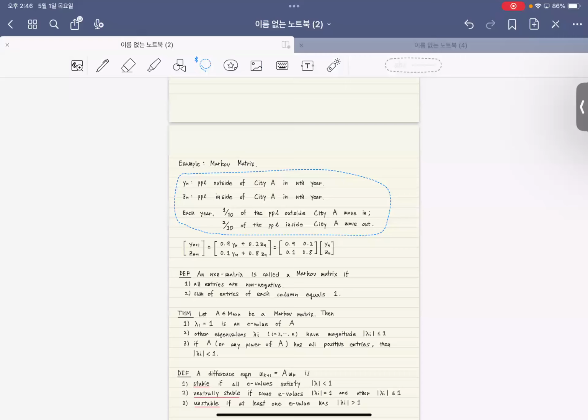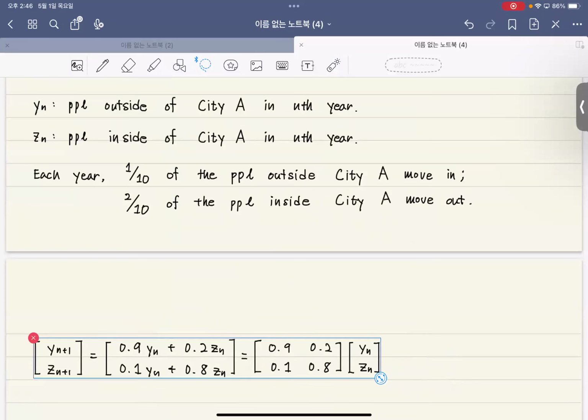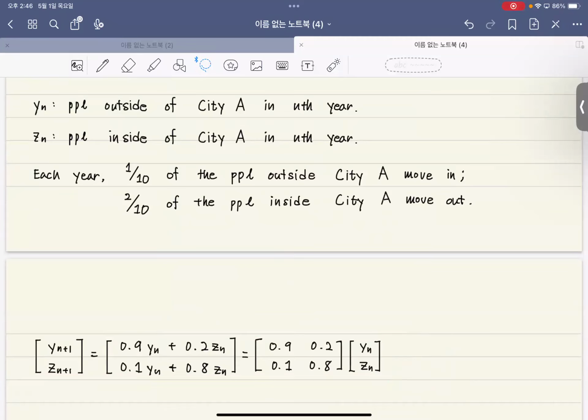I did my best to describe this scenario in a single matrix equation. The population in the n+1st year should depend on the population of the nth year.